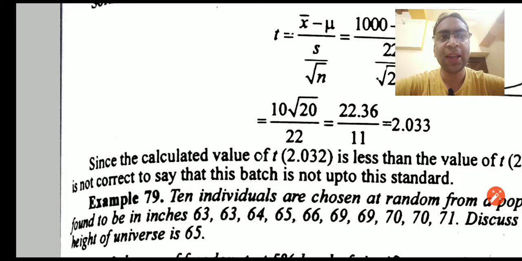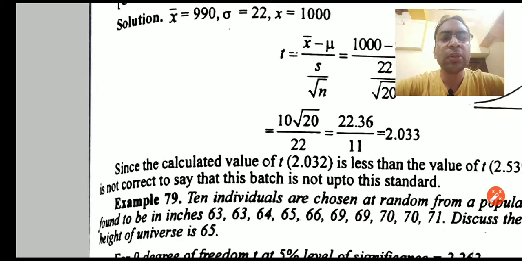So we had the hypothesis, and depending upon the comparative analysis, we say that it is not correct to say that the batch is not up to the standard. So the batch may be up to the standard.